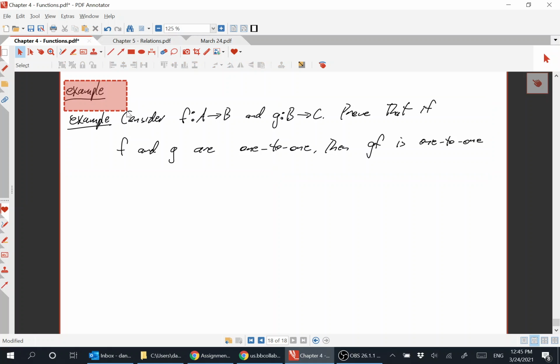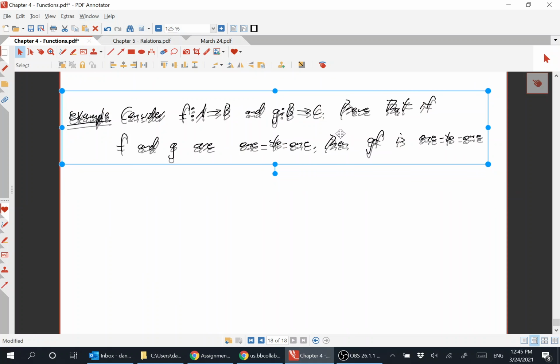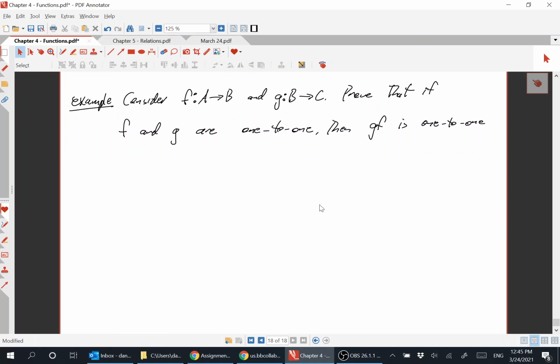Consider F from A to B and G from B to C. Prove that if F and G are surjective, then G following F is surjective. I really don't like the word onto used as an adjective, so we'll just say surjective here.